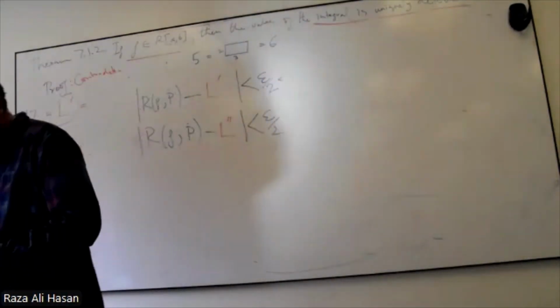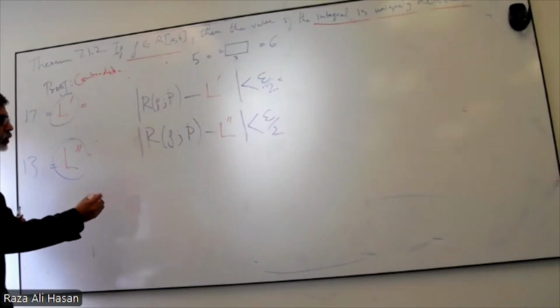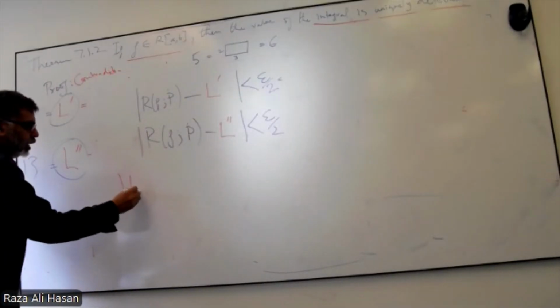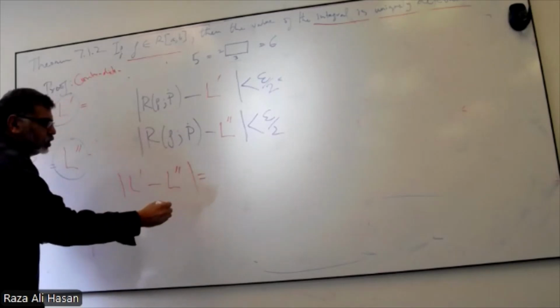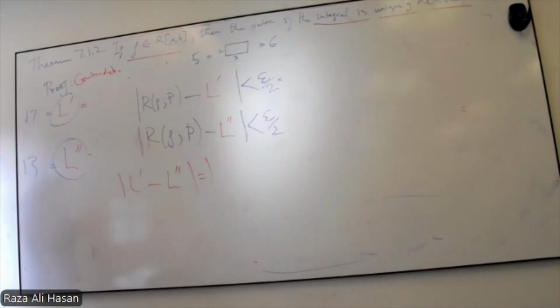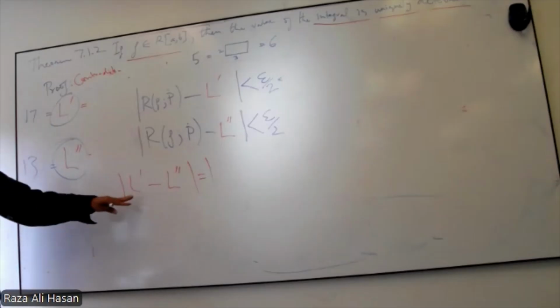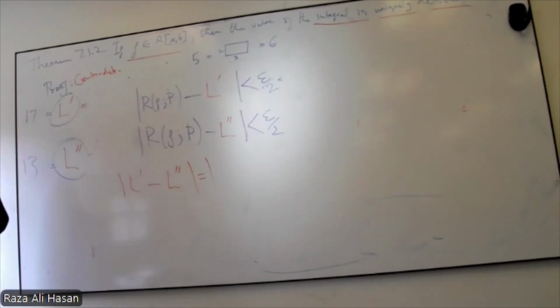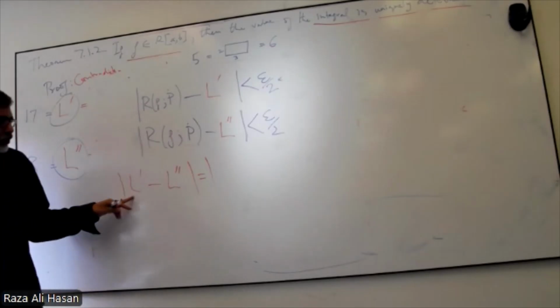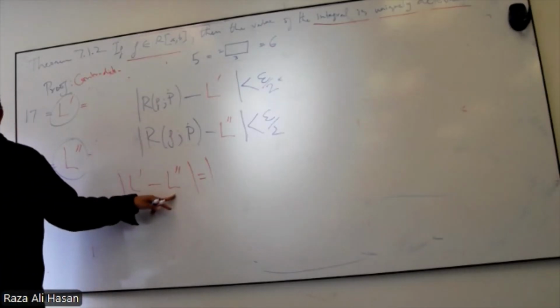Okay, so we have L prime minus L double prime. This equals to what? What's another way to write this without changing it? Do you see something up here that we could introduce, if we add something and subtract something from this and it doesn't change it?